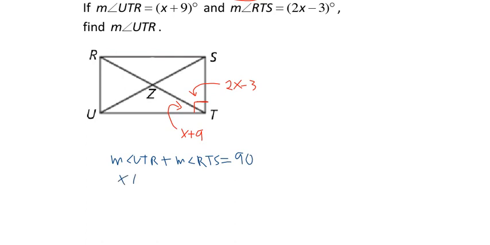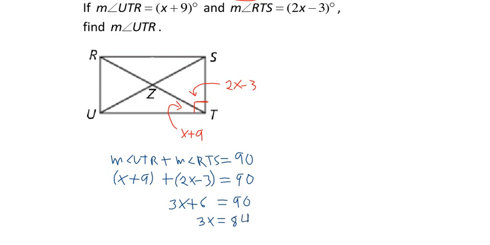and that will make x plus 9 plus 2x minus 3 is equal to 90 degrees. Simplifying the left side, we would have 3x plus 6 equal to 90 degrees. Putting all the numbers to one side would be 3x is equal to 84.